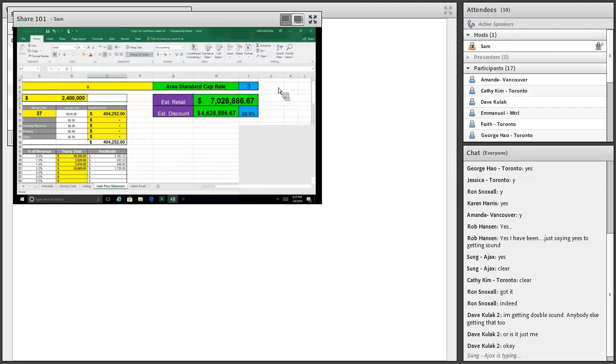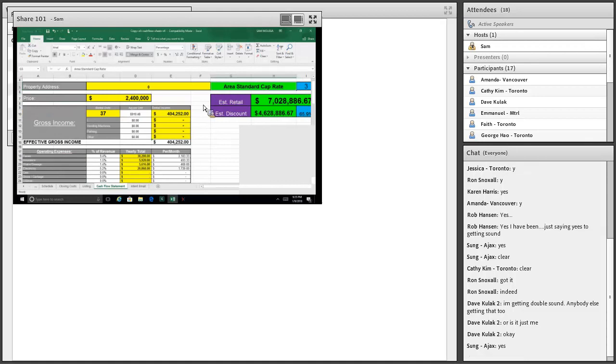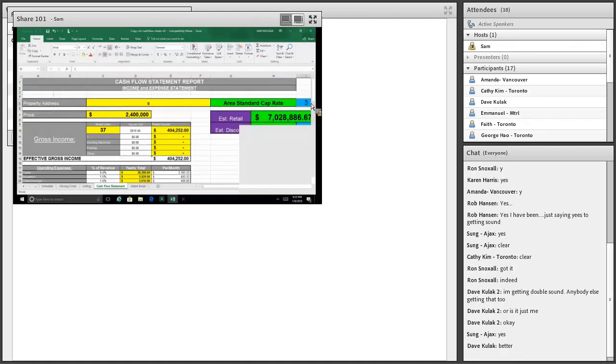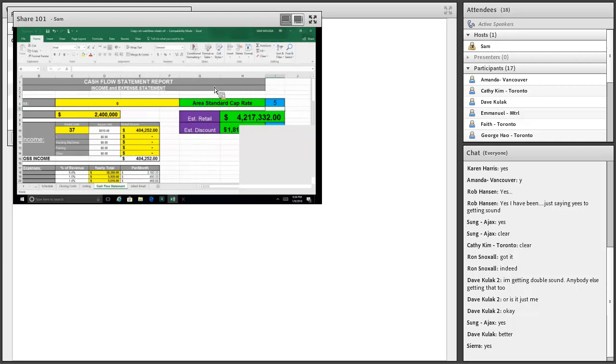Okay. All right. So does everybody understand what I mean when I say area cap rate? Does anybody have any questions about that? So cap rate, the standard cap rate in an area, 3 is common.